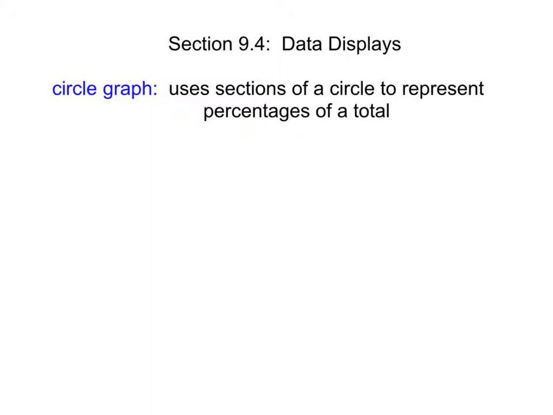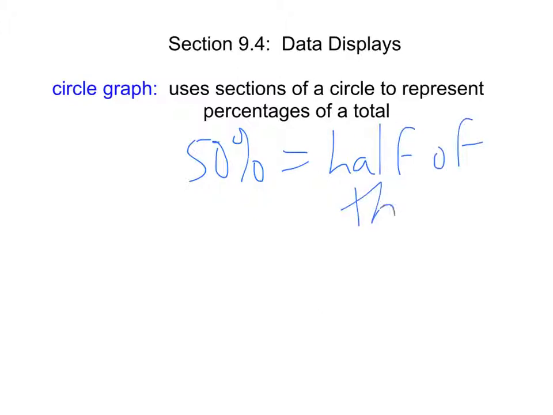So if something is 50%, then you're going to expect that in the circle, half of the circle will represent that part. And again, these are used only when you have a total involved. So if I want to know what percent of students in a class have pets, then I have parts of a total.